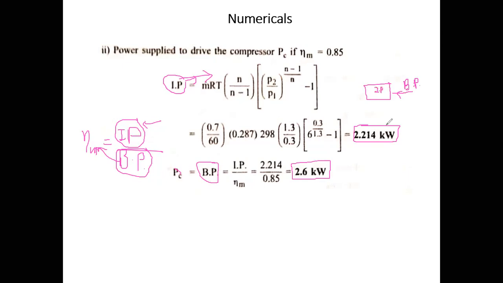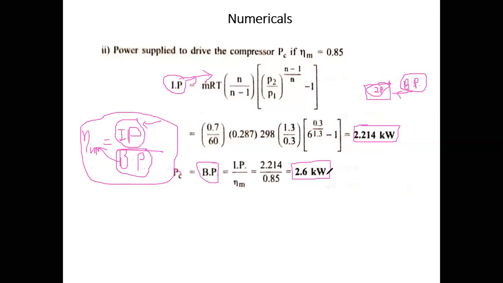The ratio of indicated power to brake power, that is output to input, is nothing but the mechanical efficiency of a reciprocating compressor, and it is a reciprocal of an engine's mechanical efficiency. So this is how you can find the brake power, that is the power required to drive the reciprocating compressor.